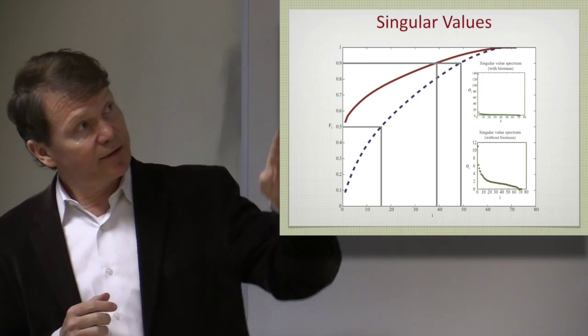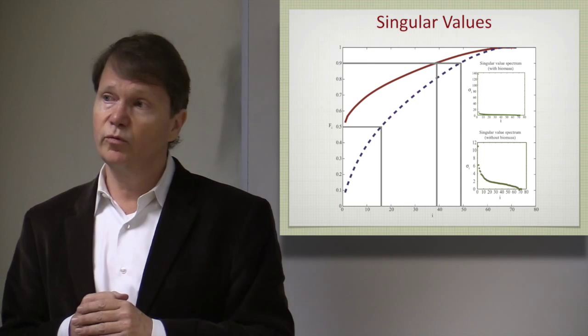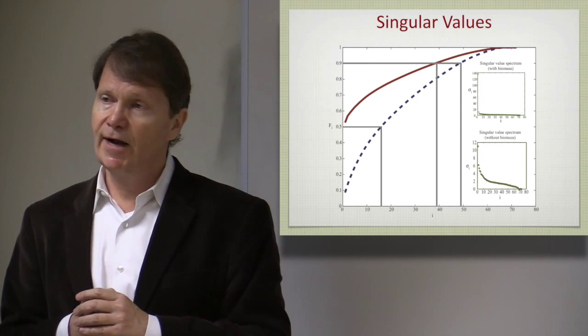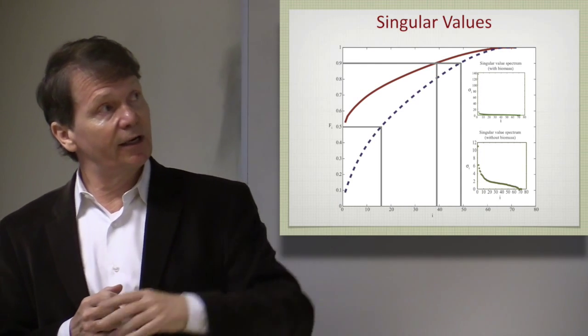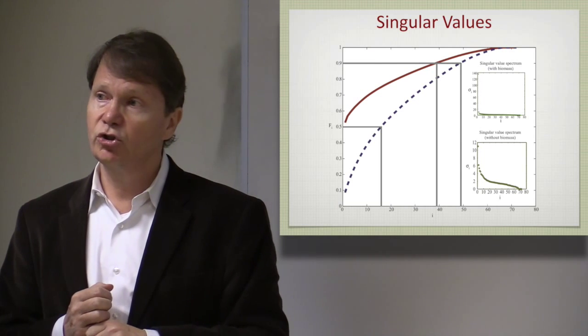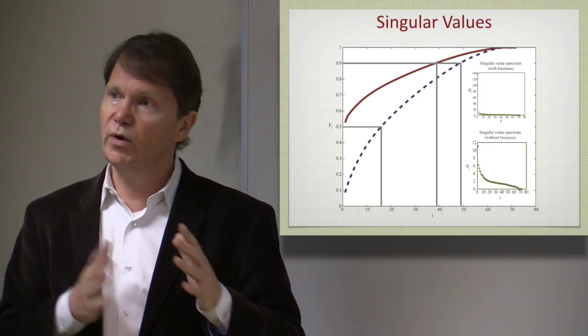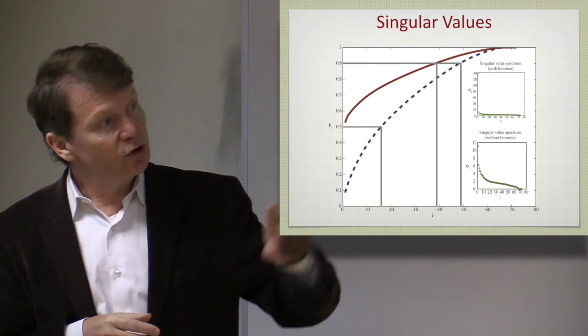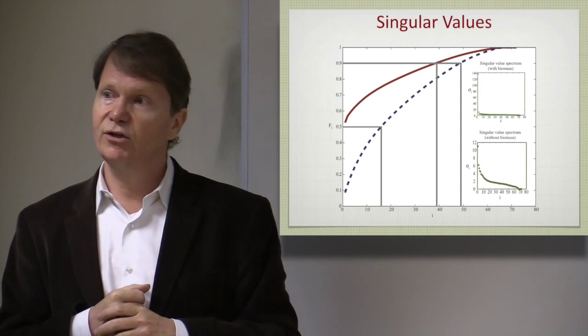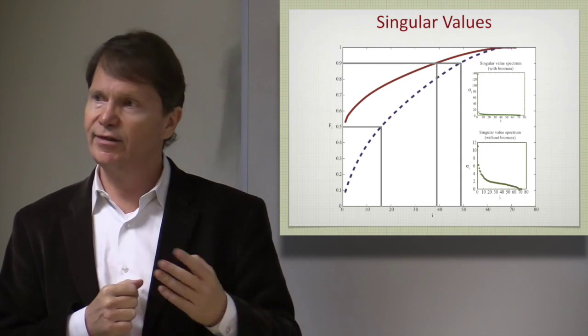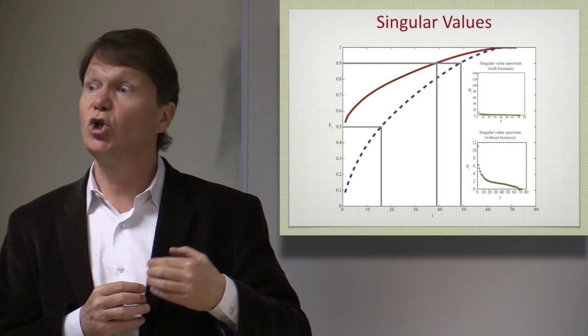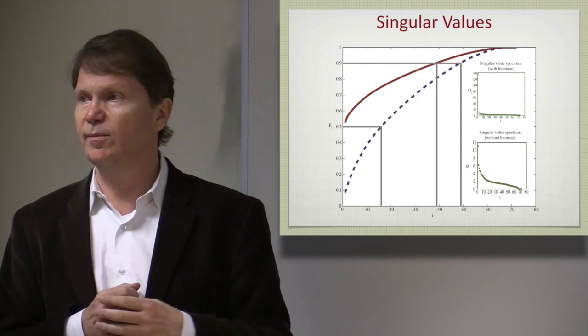The dashed line shows the spectrum without the biomass reaction. The solid reddish line shows the singular value spectrum with the biomass reaction in there. And you see there's this huge singular value that shows up when I add the biomass reaction that gives a dominant feature now to the network. It's about half the spectrum.